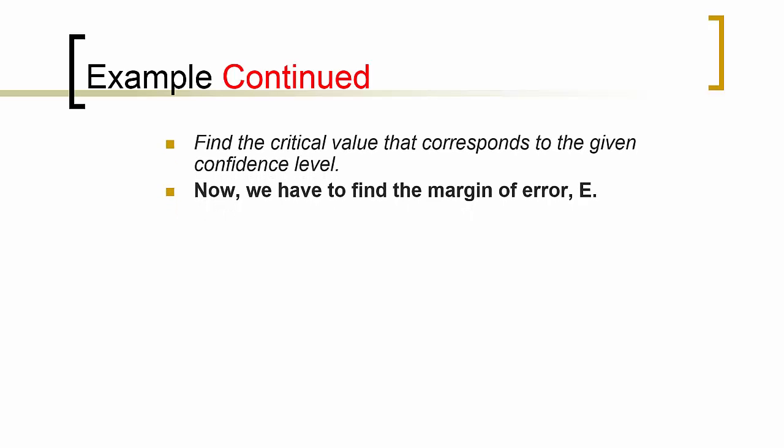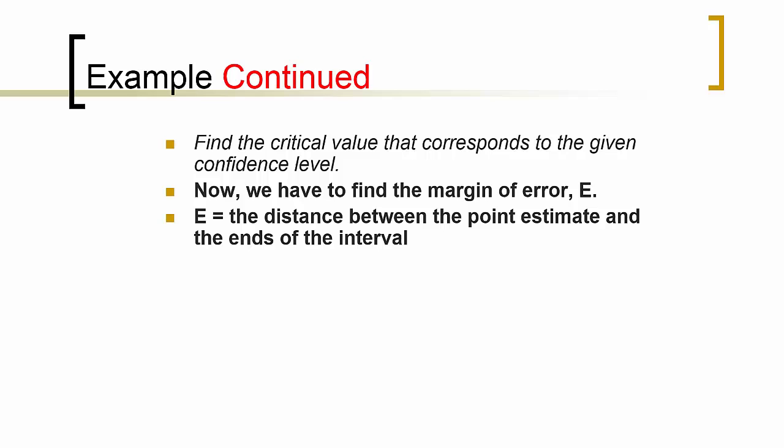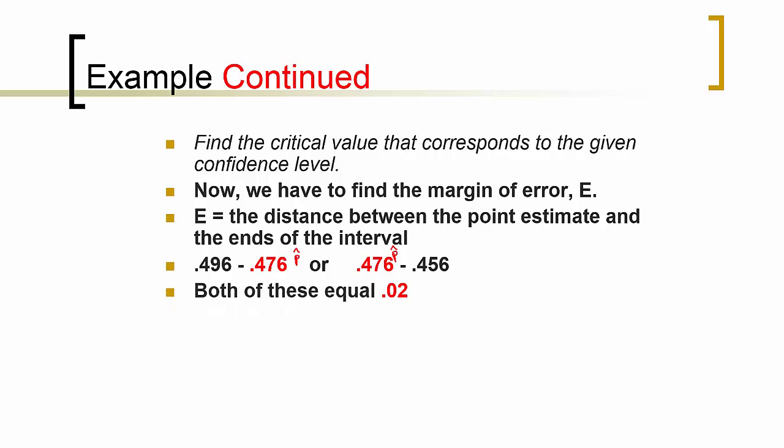Okay, so now let's find the margin of error E. E is the distance between the point estimate and the ends of the interval. One way to do that is to just subtract the p hat that we found, which was 0.476, from either number in the interval. If we take 0.496 minus 0.476, or 0.476 minus the other number, 0.456, we get the same value, 0.02.